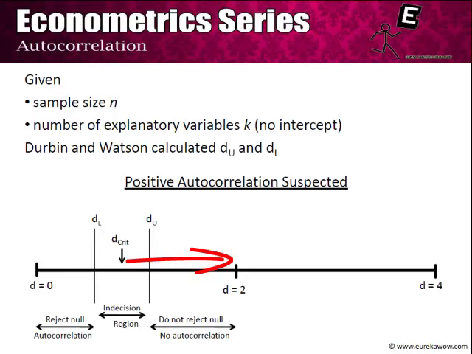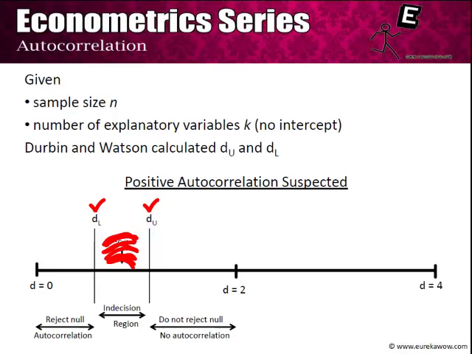of no autocorrelation. However, finding out these d critical values for different specifications of the model is informationally very challenging. Hence what Durbin and Watson did was to calculate an upper limit for d and a lower limit for d, which is du and dl respectively.